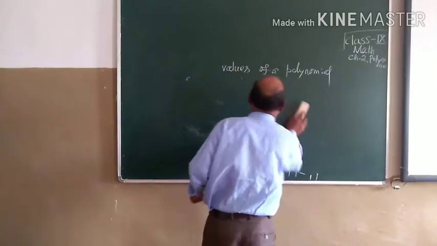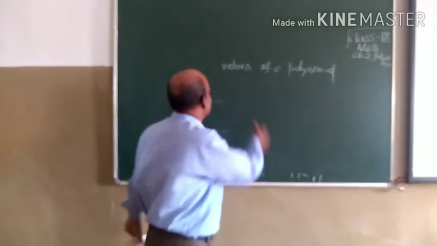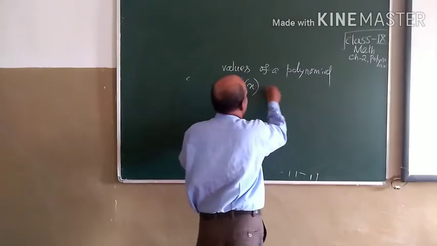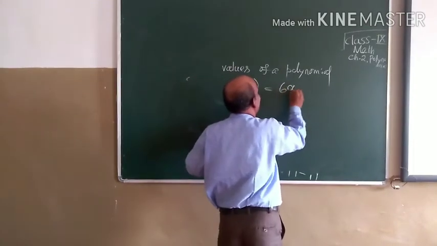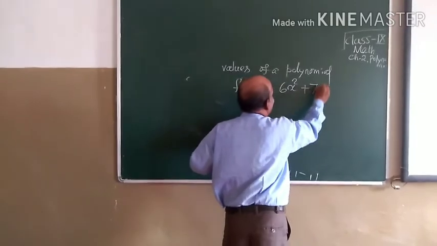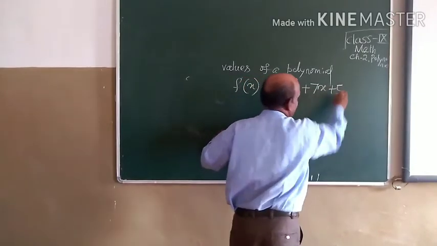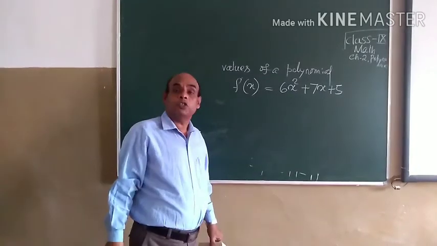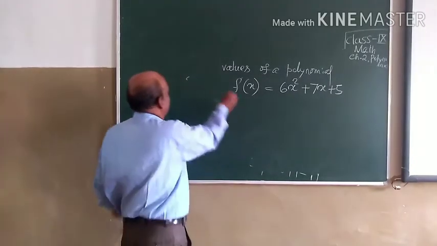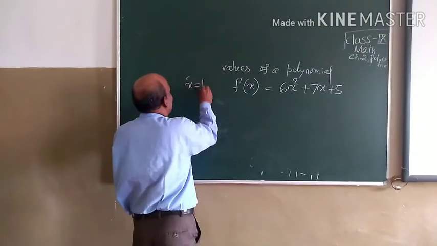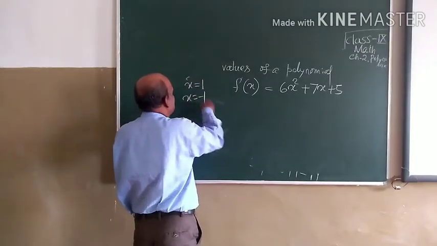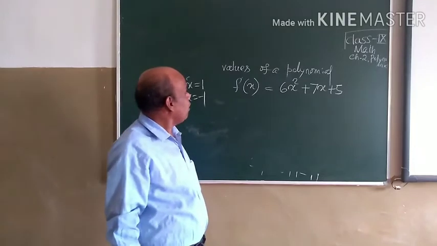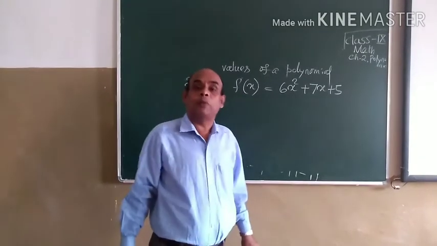Suppose I write f(x) is equal to 6x square plus 7x plus 5. Suppose this is the question. You have to find out the value when x is equal to 1 and x is equal to minus 1. What is the polynomial?